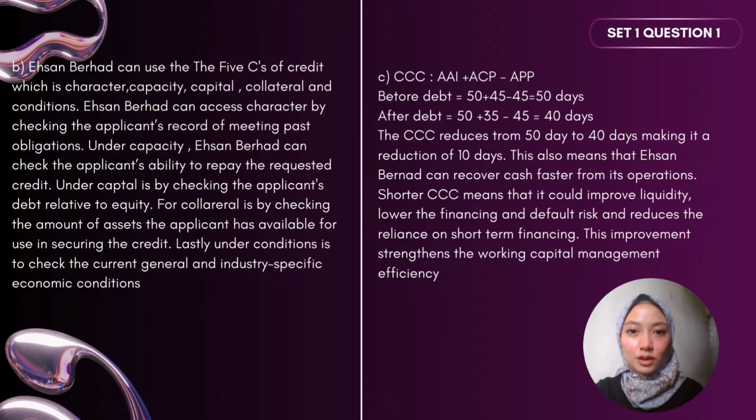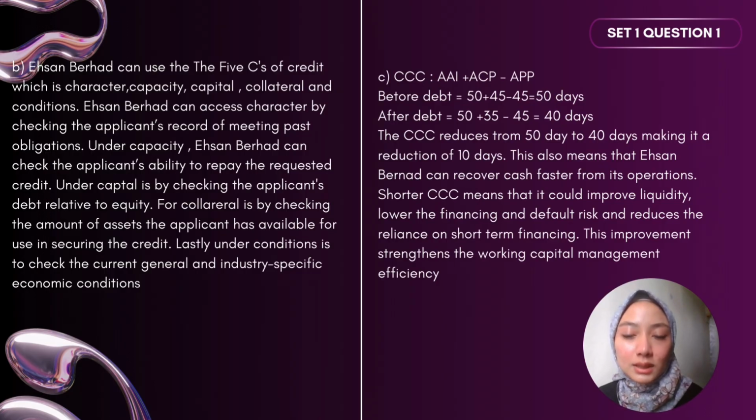Next, I'll be moving on to B, which is explain how Ehsan Sdn Bhd can assess the creditworthiness of potential customers before extending credit. Ehsan Sdn Bhd can use the 5 C's of credit, which are character, capacity, capital, collateral, and conditions. Ehsan can assess character by checking the applicant's record of meeting past obligations.